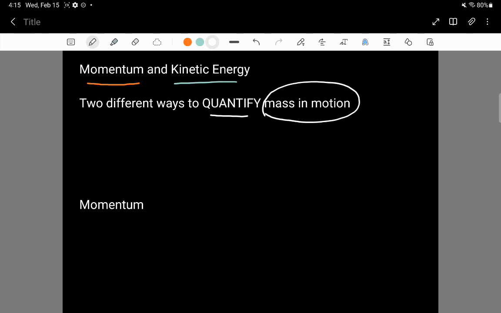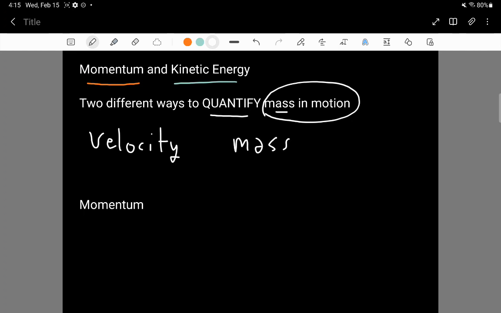If you think about it, motion is described by velocity. And if you know the velocity of something, that is definitely interesting. But different objects can have the same velocity. The other concept that's in this mix is called mass.